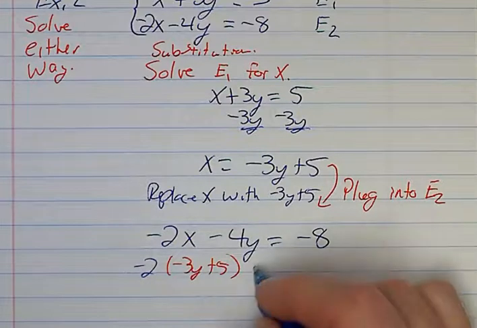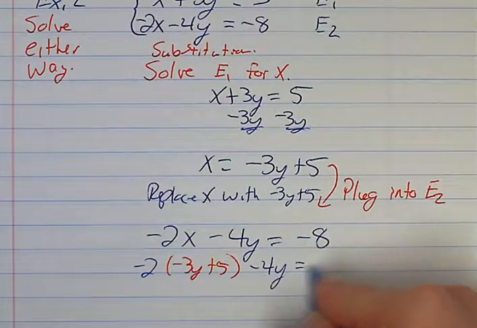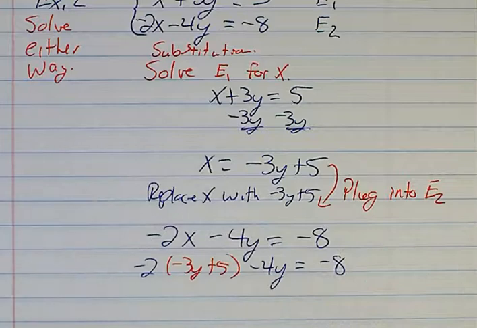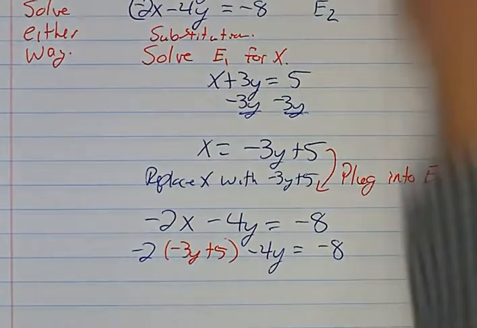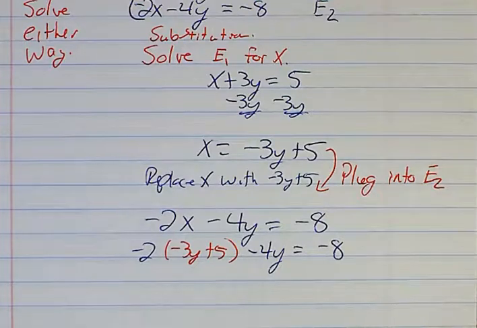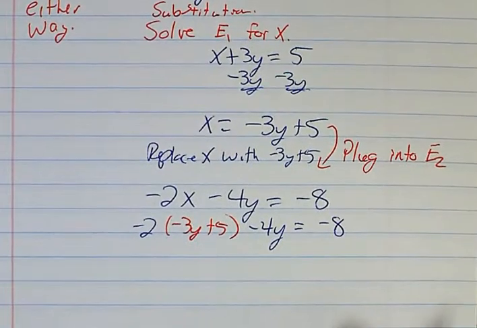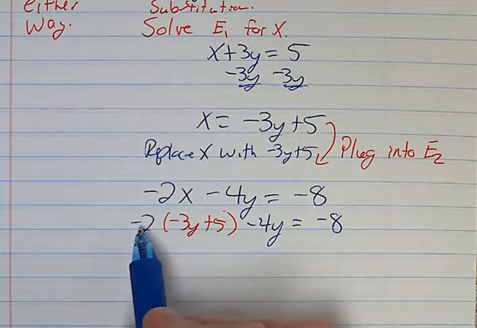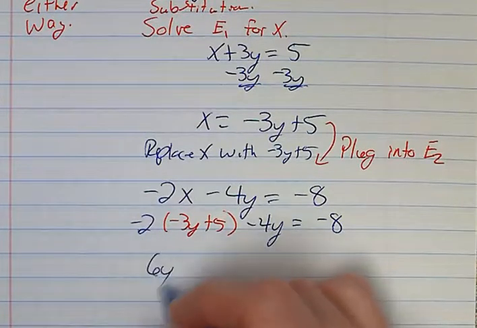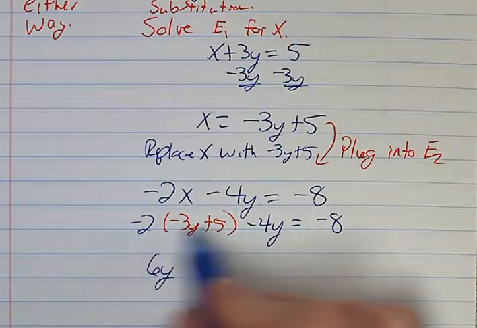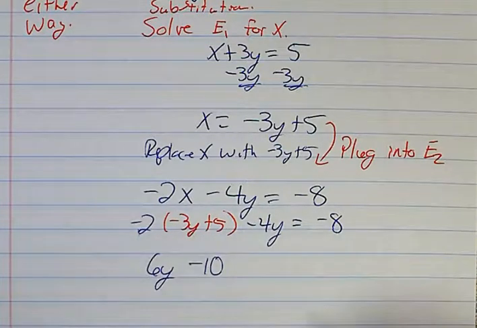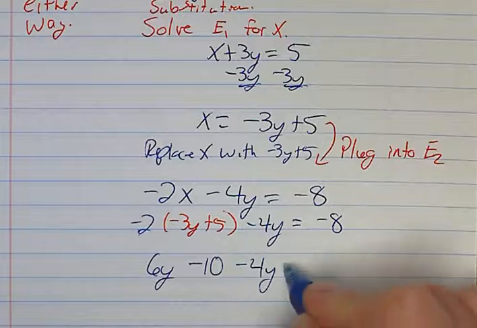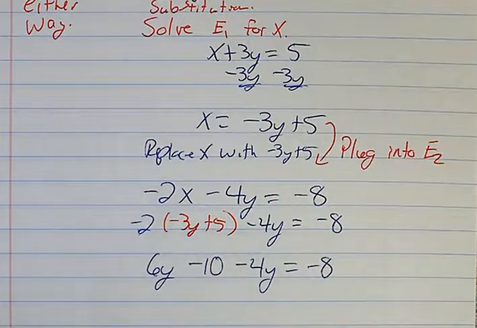Now all the other stuff is around it, so you've got to work on all that. Here's why most people don't want to do substitution: once you plug this in, you've got to do the distributive property. Negative 2 times negative 3y, that's a positive 6y. Negative 2 times 5, that's a negative 10, minus 4y equals negative 8.